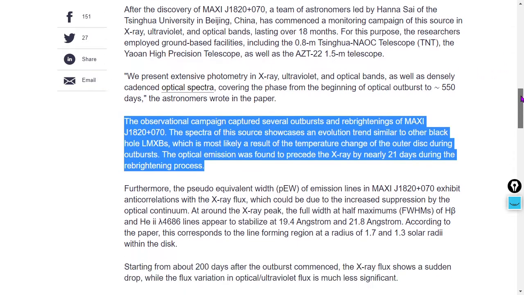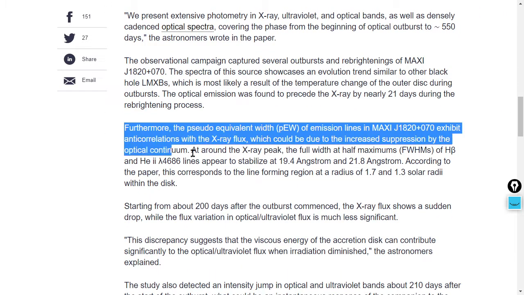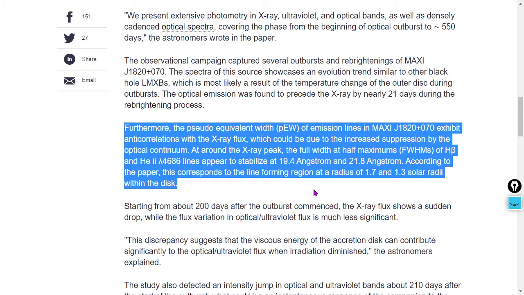And they're looking at phase transitions here. The pseudo-equivalent width of emission lines exhibit anti-correlations with the X-ray flux, which could be due to the increased suppression by the optical continuum at around the X-ray peak.